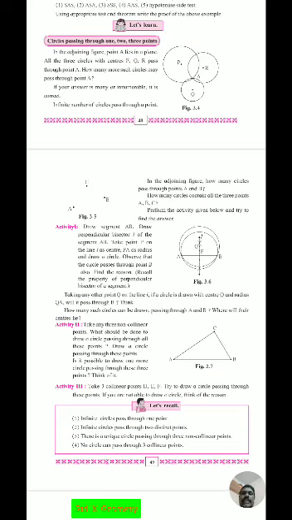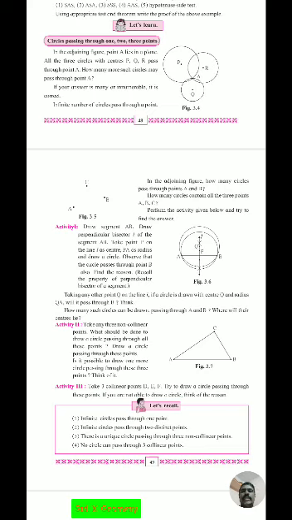Then we are going towards circles passing through 1, 2 and 3 points. In this figure 3.4, a diagram is given. We will simply read about this. In the adjoining figure, point A lies in a plane.